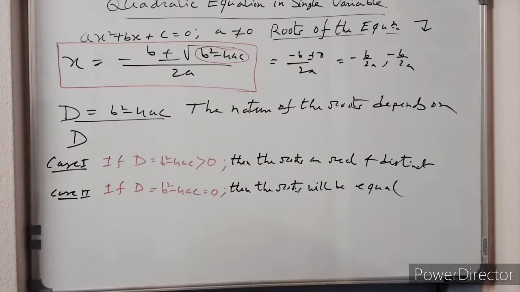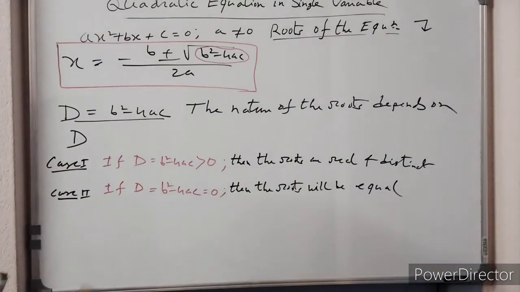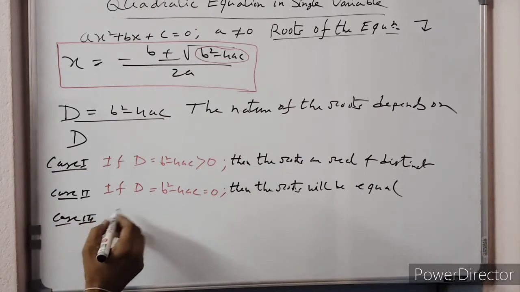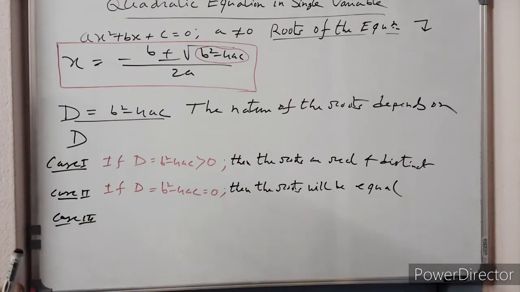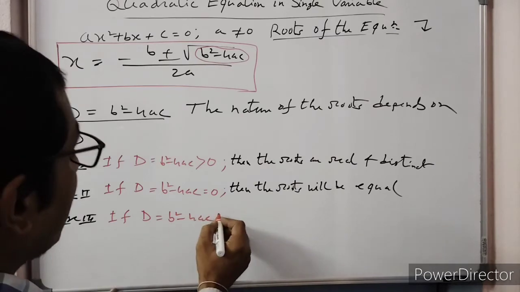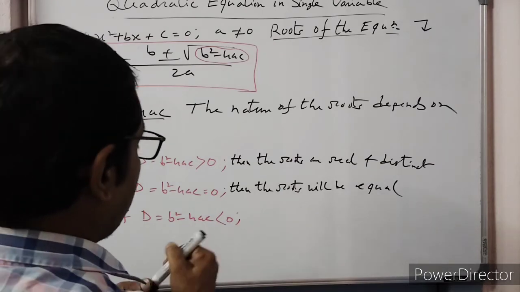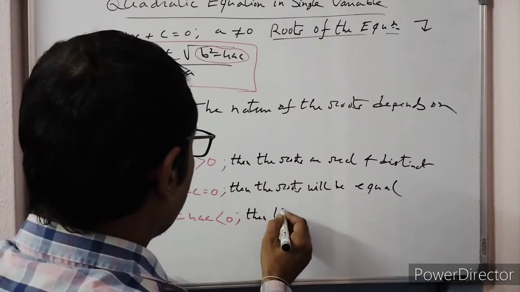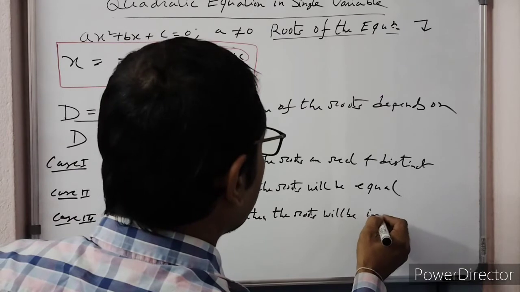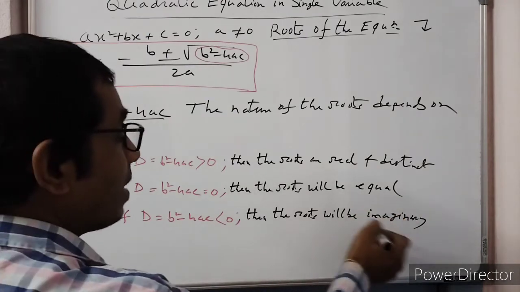Next, case number 3. If D equal to b square minus 4ac is less than 0, then the roots will be imaginary.